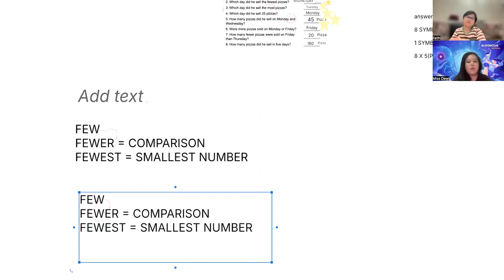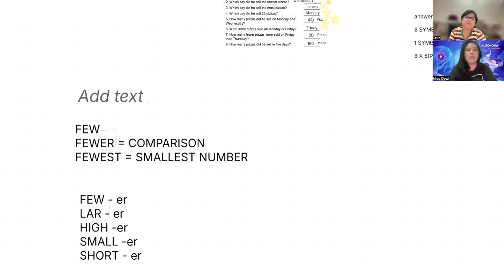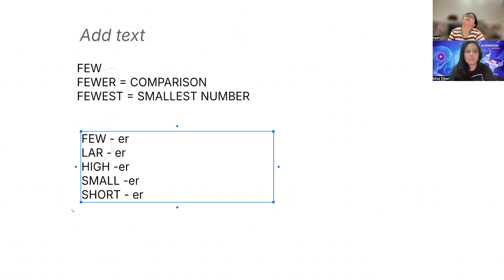Okay. We learn about English a little bit here. Miss Dewi is not an English teacher, but this is very basic English that you need to know because it's going to affect mathematics questions. If you see something like this, it stands for comparison.